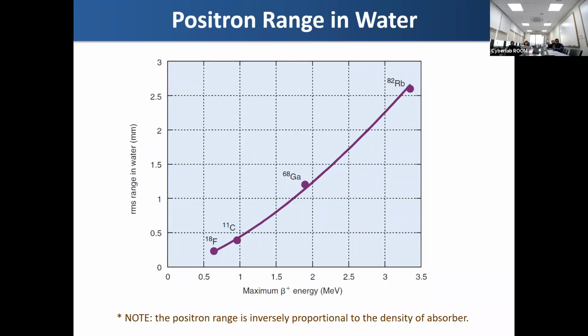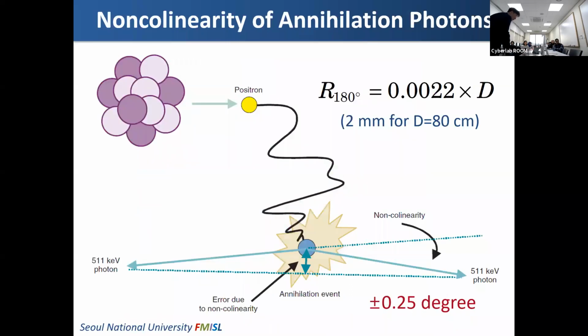So you can see the positron range is almost higher than 2.5 millimeter in length. So this is another factor that leads to degradation in the spatial resolution.